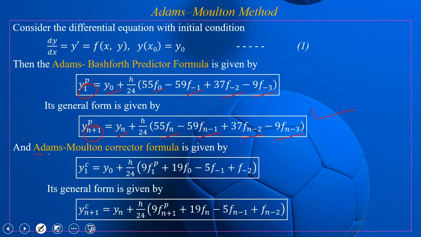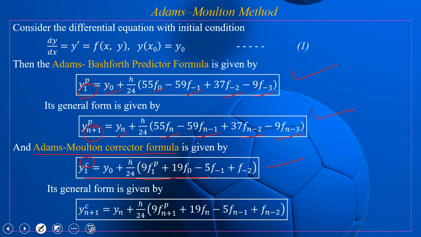Similarly, the Adams-Moulton corrector formula is given by y1c, where c represents the corrector formula. With the help of the predictor formula, we get the value of y1, and with the help of this formula, we will get the best approximate value of y1.